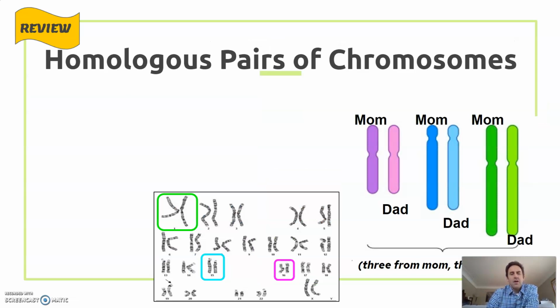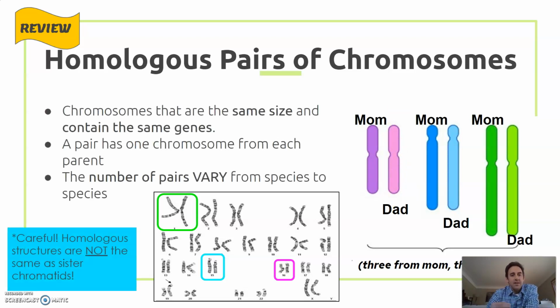Those pairs are there because you got one copy of each chromosome from your biological mother and one from your biological father. And so you get two copies of each chromosome, one from mom, one from dad. These homologous chromosomes, as they're called, the dark purple, light purple, are the same size and contain the same genes, but the genes may or may not be identical.